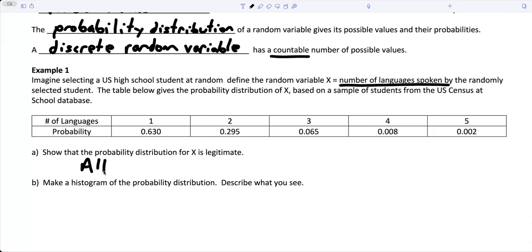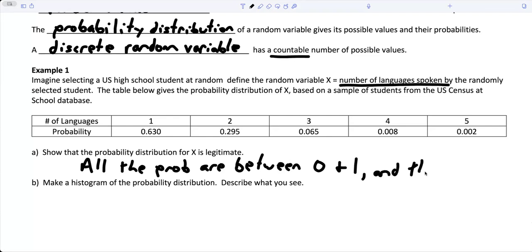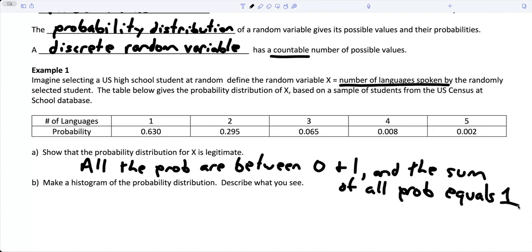So we say all probabilities are between 0 and 1, and the sum of all probabilities equals 1.